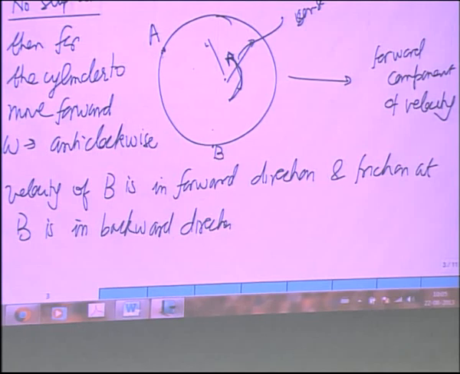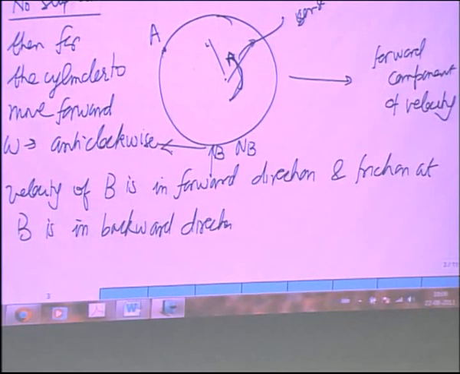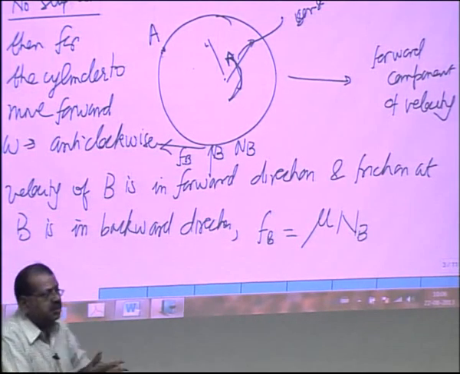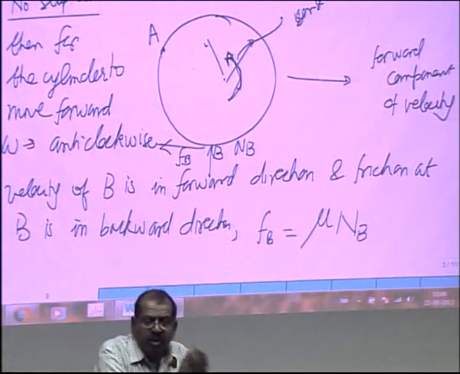So, when I draw the free body diagram, I will show the normal reaction at B, and at B, because there is actual slip taking place, this will be equal to FB, and FB will be equal to mu times NB.